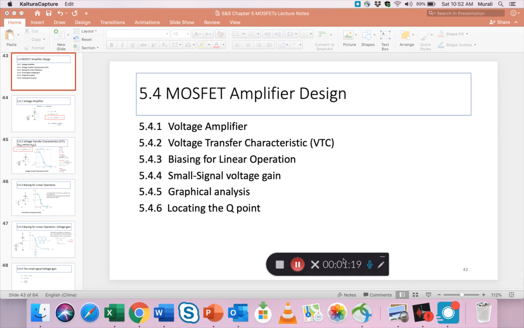So 5.4, we've got these 6 topics, and I'm on slide 43 of the PowerPoint. We have voltage amplifier, then voltage transfer characteristic, VTC. Then we talk about biasing for linear operation. We briefly introduce small signal voltage gain, then some graphical analysis and locating the Q point.